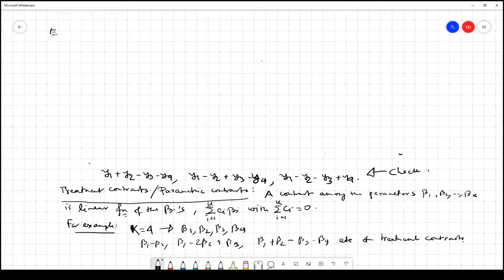Elementary contrast. Contrasts like beta i minus beta j are called elementary contrasts.